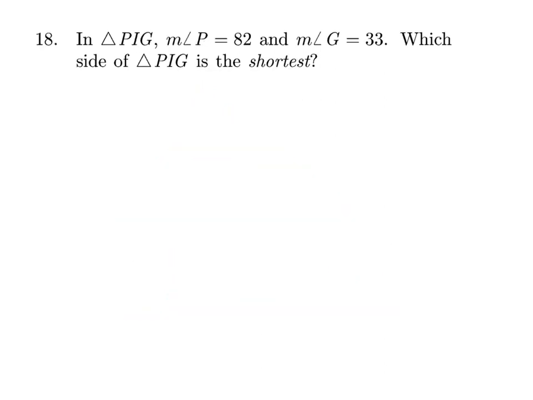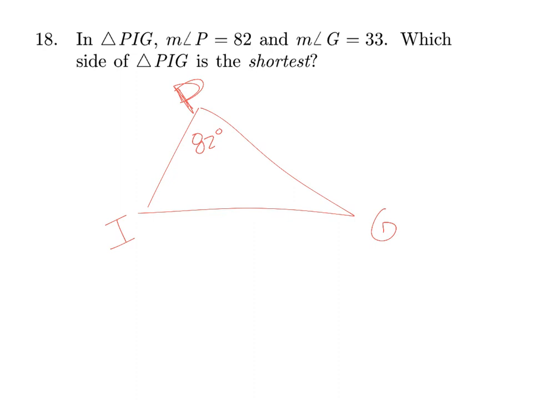All right, in triangle PIG, P is 82 degrees, G is 33 degrees. What is the shortest side?